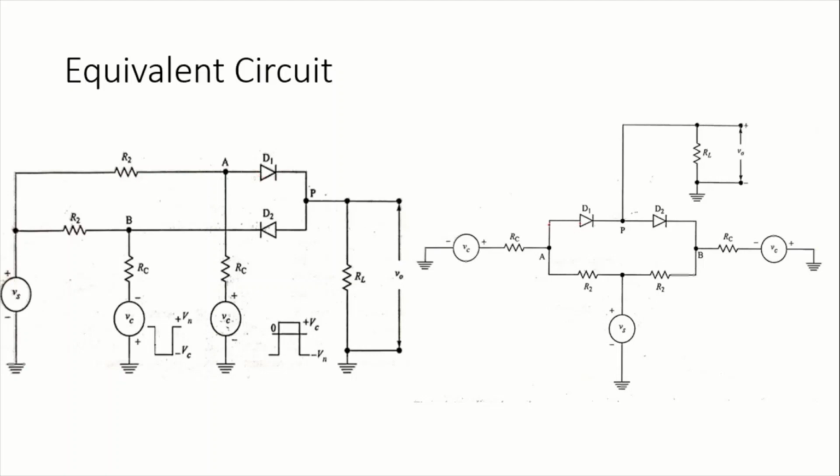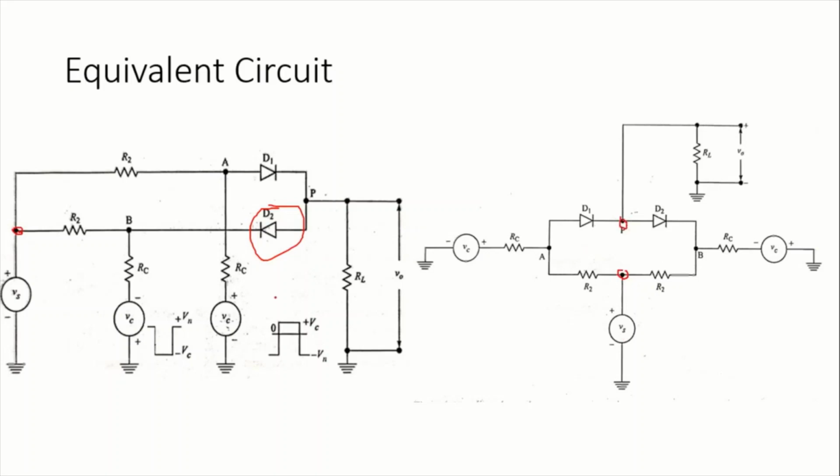D1's positive terminal is connected to R2, and to R2 we connect the input signal Vs. Similarly, D2's negative terminal is connected to R2, and R2 is connected to Vs. So the input signal is applied at this node, and node P is available here.